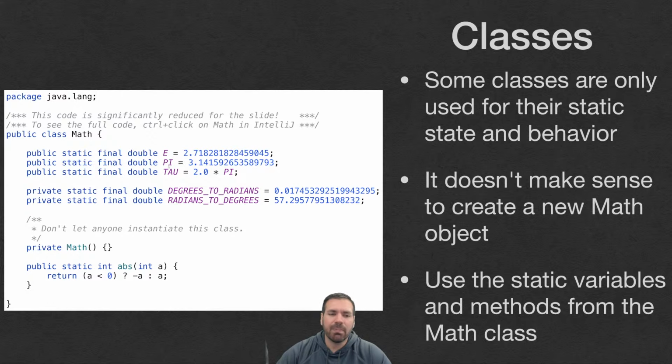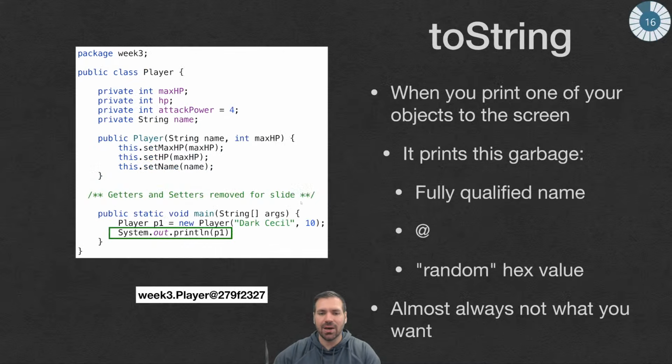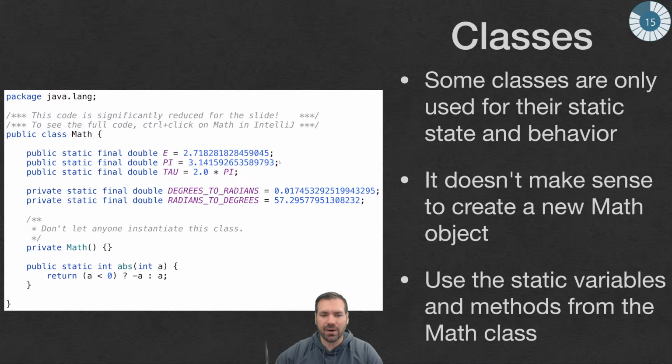But if you ever want to use pi or e or tau in your code, use math.pi. If you're working with circles and you need pi, use math.pi. Do not declare your own variable, double pi equals 3.1415. Don't do that. Do math.pi. This is going to give you pi to as much precision as can fit in a double variable.